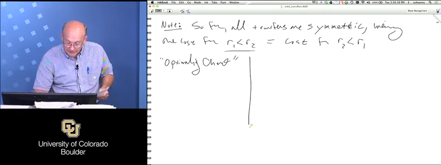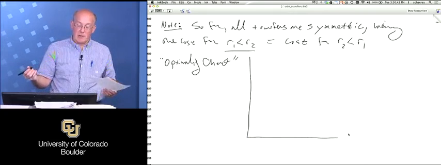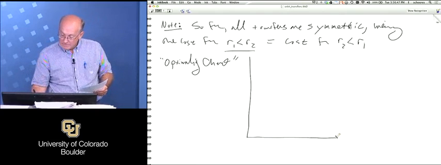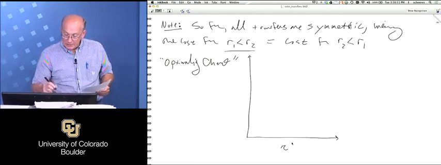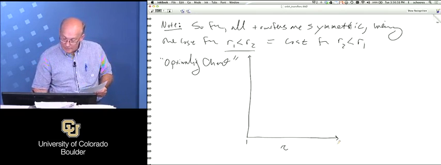Let me quantify this. So for this Hohmann transfer problem, going from one circular orbit to another circular orbit, the way we've defined it so far, in terms of the initial problem that's specified by R, and this goes from 1 off to infinity.